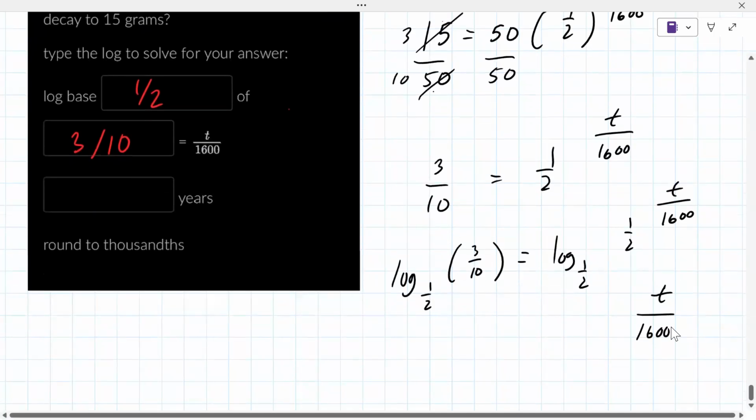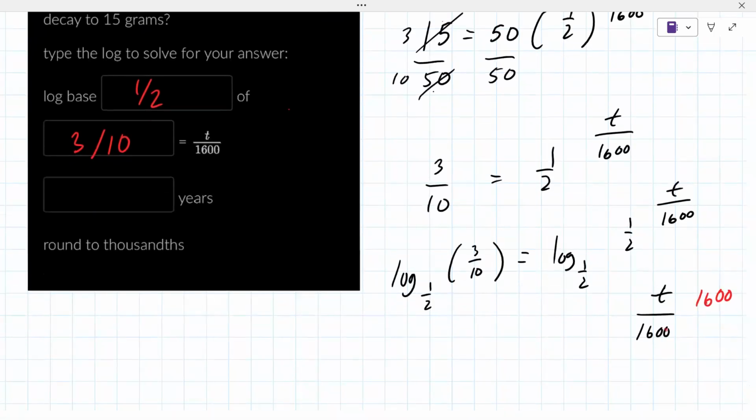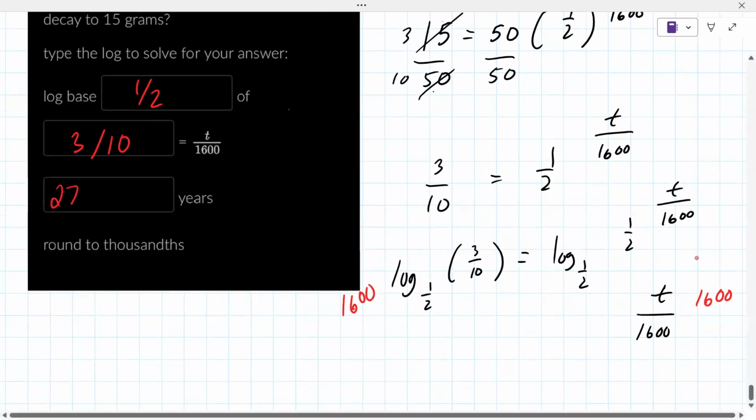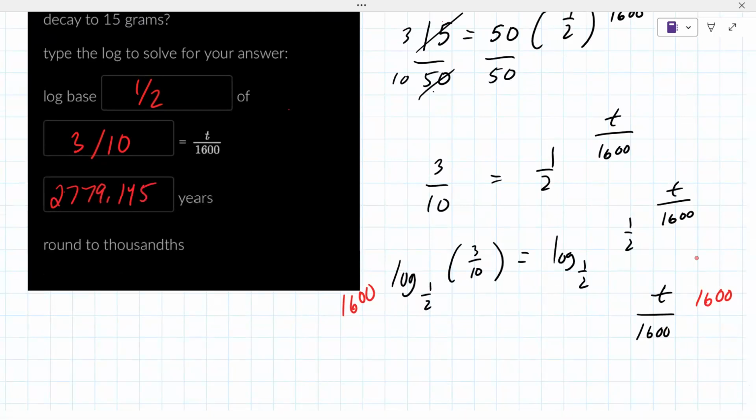So it's this number over here, but you have to multiply by the 1,600. Here's thousandths. Wow, really quickly. 2,779.145. You may want to double check that on a calculator.